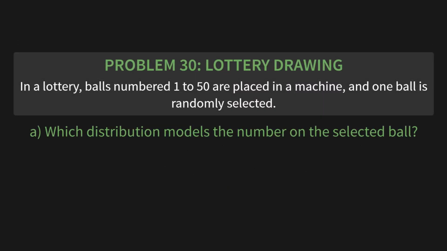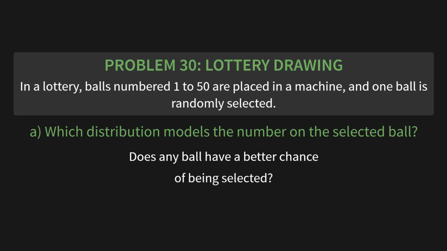And our final problem, number 30, lottery drawing. In a lottery, balls numbered 1 to 50 are placed in a machine, and one ball is randomly selected. Part A. Which distribution models the number on the selected ball? Here's the key question. Does any ball have a better chance of being selected?